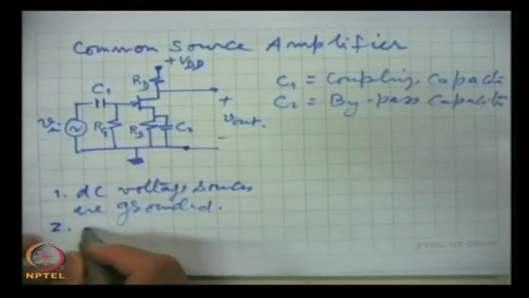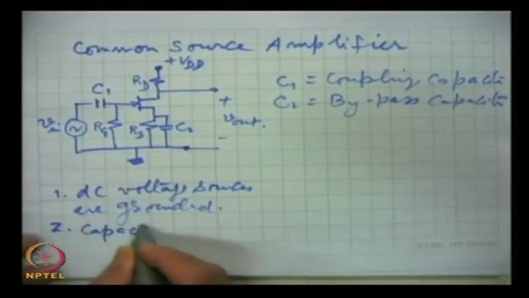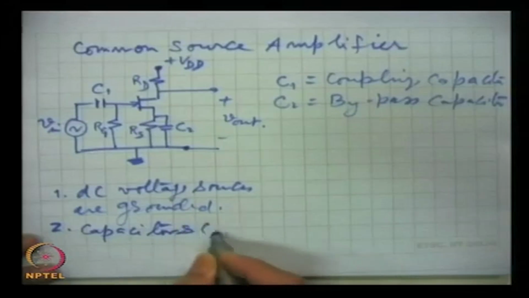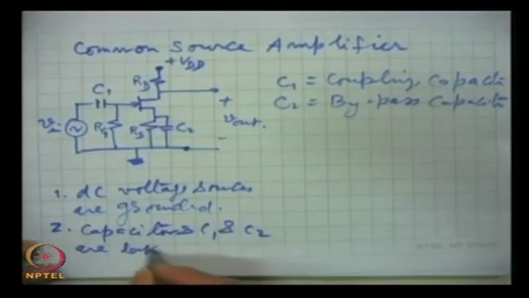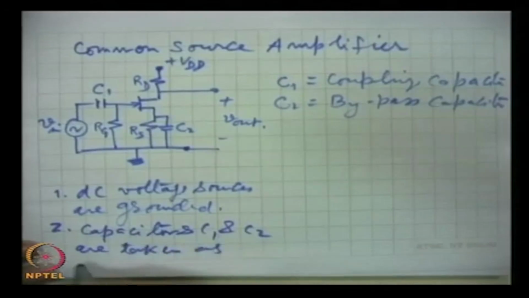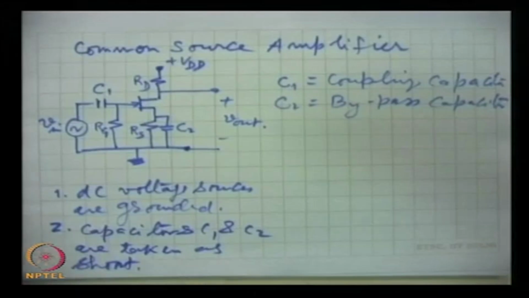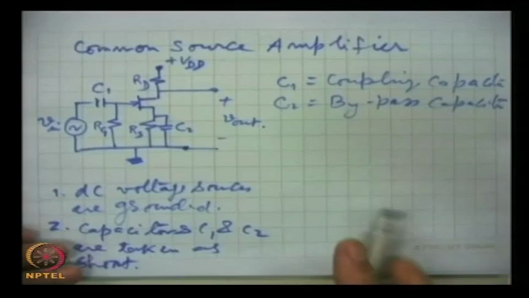So capacitors C1 and C2 are taken as short circuited. Keeping these points in mind, the AC equivalent circuit is this.